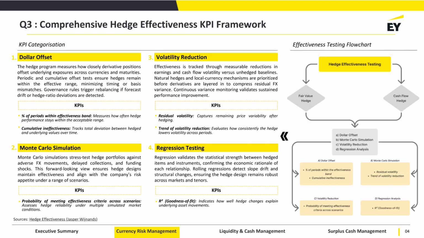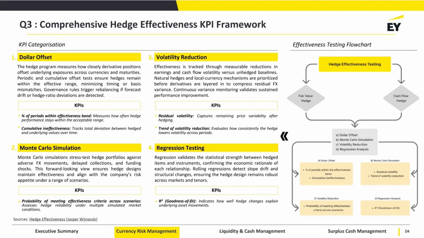The Monte Carlo simulation runs various scenario stress tests for foreign exchange moves, delayed collections, and funding shocks. The volatility reduction method compares earnings and cash flow volatility versus an unhedged baseline. This tracks residual volatility and the trend of the overall reduction of the volatility as well.